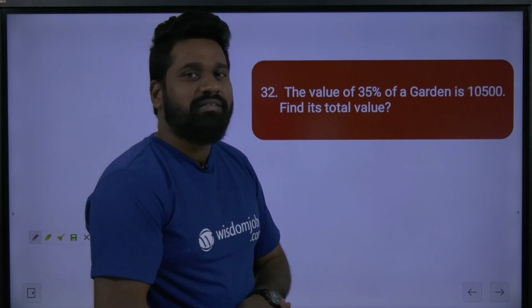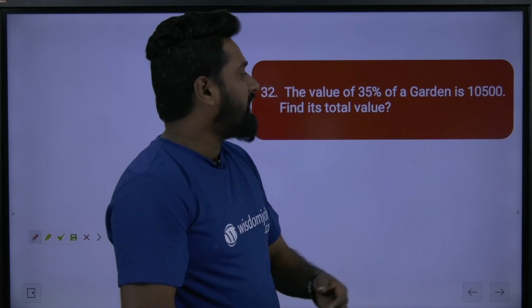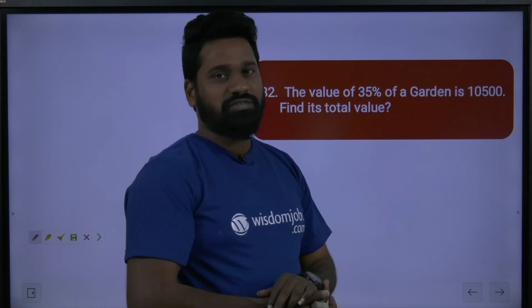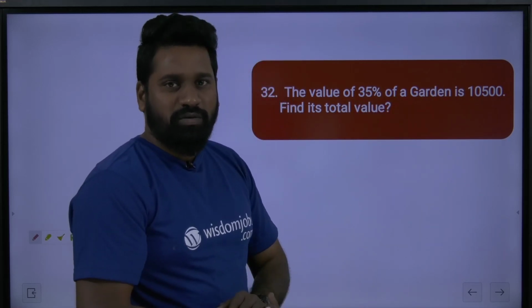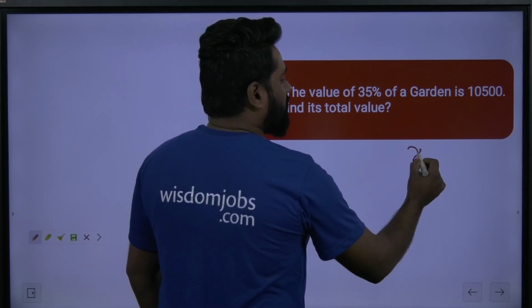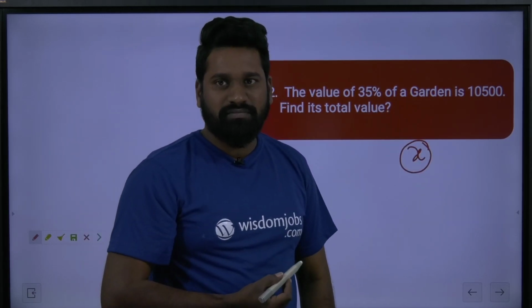In this number we are finding the 10% value, that becomes 1050, and it is asking about 35%. This is 35% of the garden. The total value we don't know. Is it clear, all of you? For example, the value of the total garden is x square meters, right?